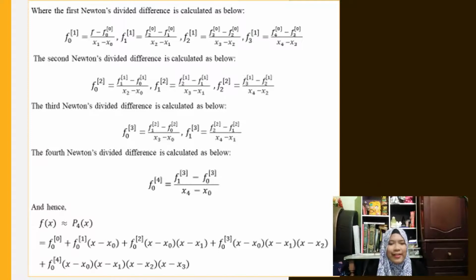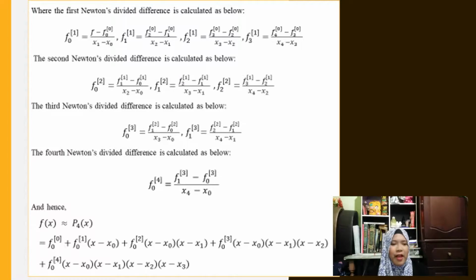The third Newton divided difference is calculated as below. F03 equals F12 minus F02 divided by X3 minus X0.